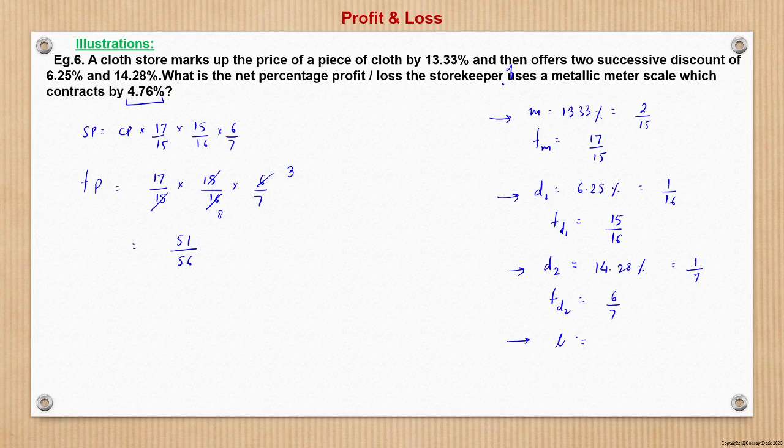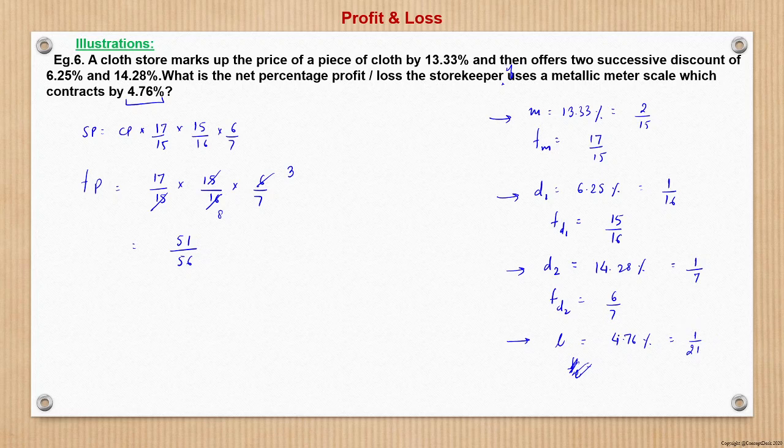So therefore 4.76% we know is what? 1 by 20 is 5%. So this is 1 by 21. So factor would be what? Now see, how to read this?